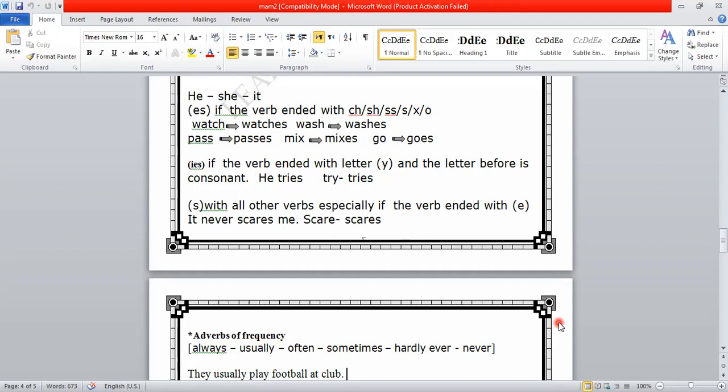If we want to put them in order, we will put it like this. We will start with always, 100%. We use always when we do this action daily, weekly, monthly, or yearly, but we do it at the same time in the same way.